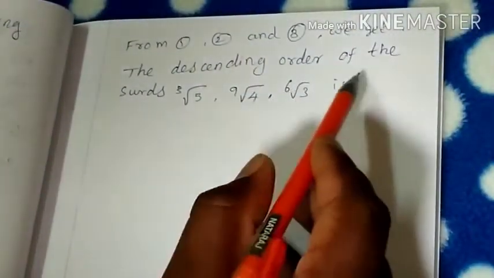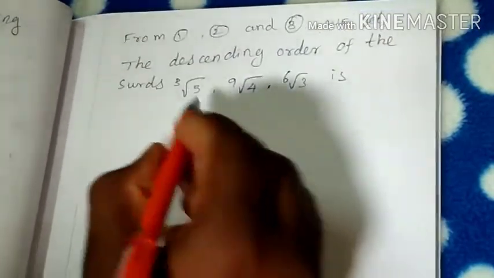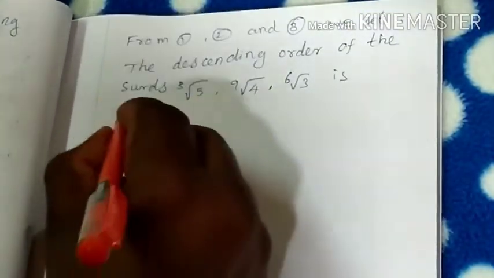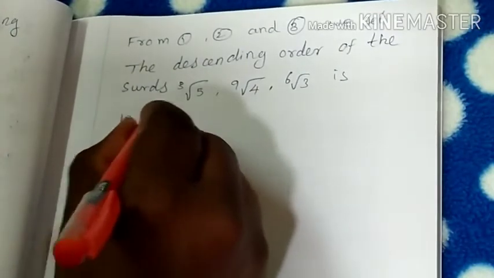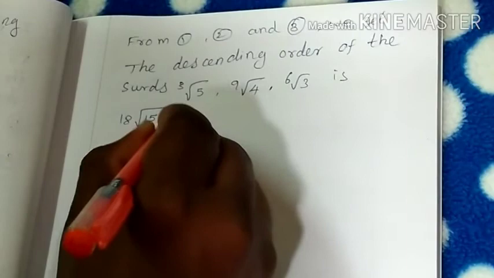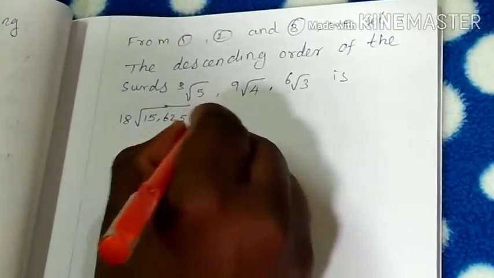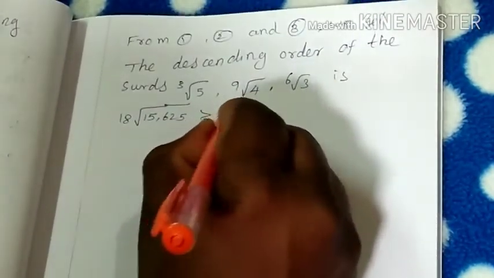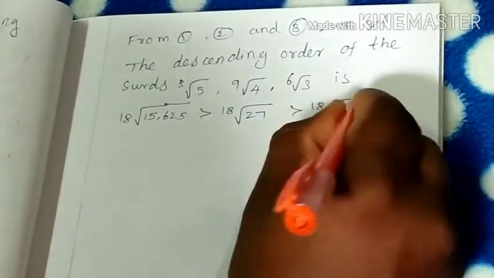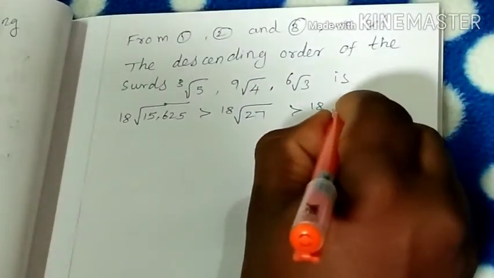Have you understood? The descending order of the given sets is: the 18th root of 15,625 is greater than the 18th root of 27, which is greater than the 18th root of 16.